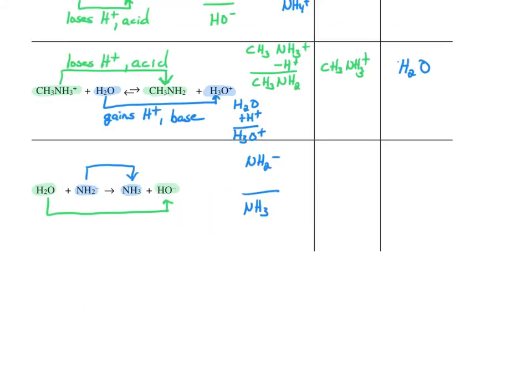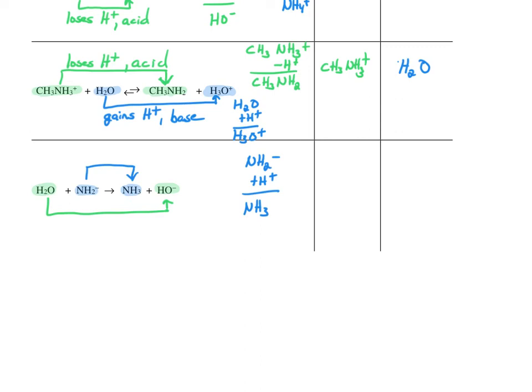In this example, we see NH2- going to NH3. That's accomplished by accepting an H+ ion. So now we have 3 hydrogens. The negative charge is neutralized by the accepting of a positive charge, so we have NH3 as our product.